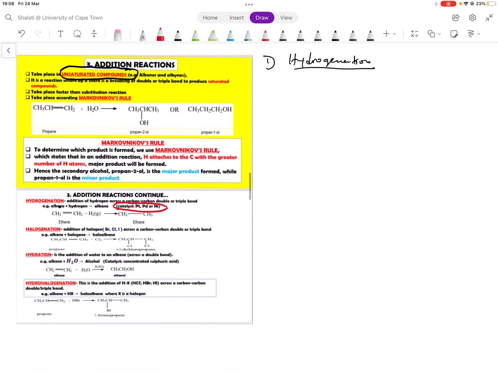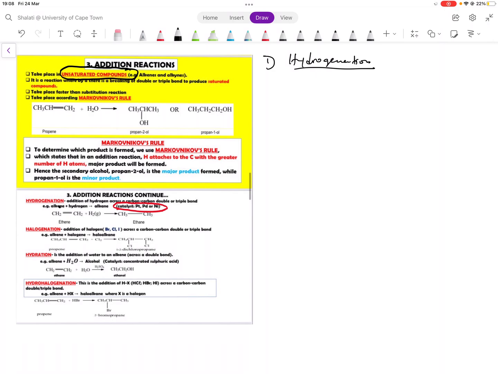Sometimes they can just give you a molecule A, and they just show you a catalyst Pt, Pd, or nickel. Then they say give the name of compound B. Let's say you start with ethene, or they can say name the kind of reaction. The moment you see those catalysts, you know it's hydrogenation. It means you must add hydrogens on the double bonds, and then you will know your product will be an ethane. That is something we're going to practice later.